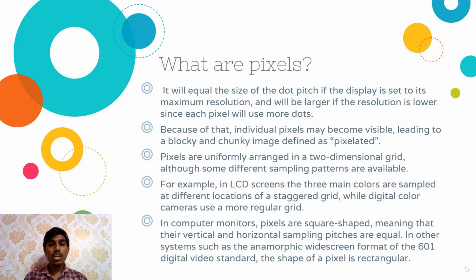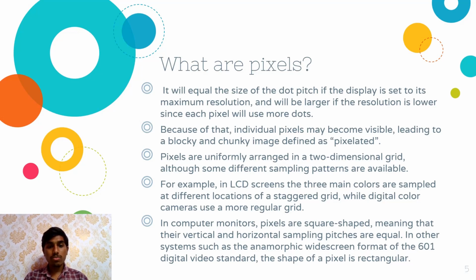It will equal the size of the dot pitch if the display is set to its maximum resolution, and will be larger if the resolution is lower, since each pixel will use more dots. Because of that, individual pixels may become visible, leading to a blocky and chunky image defined as pixelated.